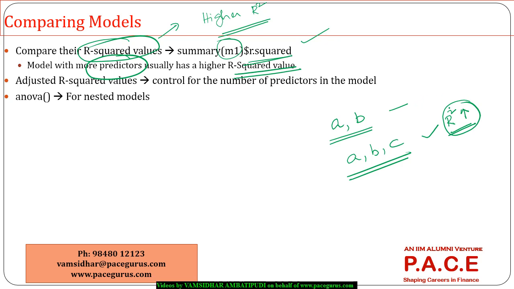So the R squared of the model which has a higher number of predictors and is definitely a nested model, right, where one is a subset of the other in terms of predictors, the superset model will have a higher R squared compared to the other one. Even if that extra variable contributes or does not contribute, the R squared value will be higher itself, which means to evaluate these two models, more than the R squared, I need a slightly different kind of indicator, and that is where we look at the adjusted R squared between the two models.